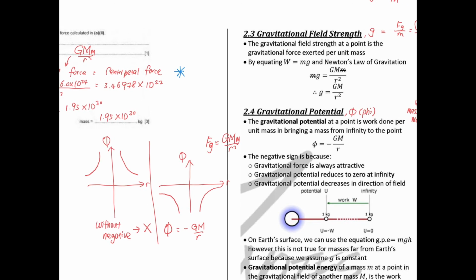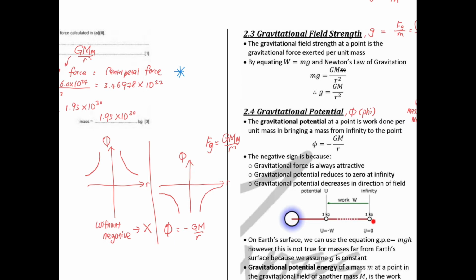They said, the second point, gravitational potential reduces to zero at infinity. So this is common sense. When the object is very, very far away, there is no attraction from each other.